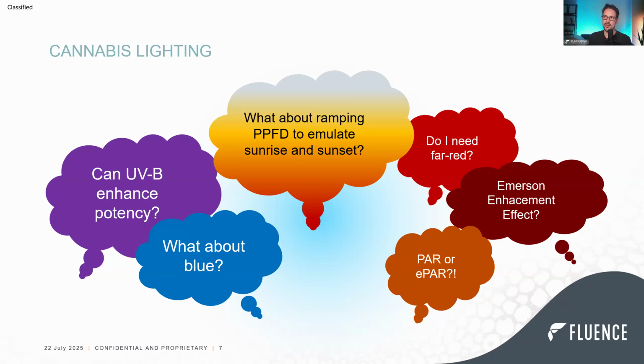So most of these studies are done between 1,100 and 1,500 micromoles per meter squared per second. Versus if you look to the academic literature, most studies are executed in a 400 to 600 micromole ballpark. And that's an important differentiator. I'll elaborate on that a little bit more, but suffice to say, how plants respond to a given spectral treatment is very much contingent on the PPFD that you've applied that treatment at. Okay, so with all of that out of the way, let's dive in and start with UV light.